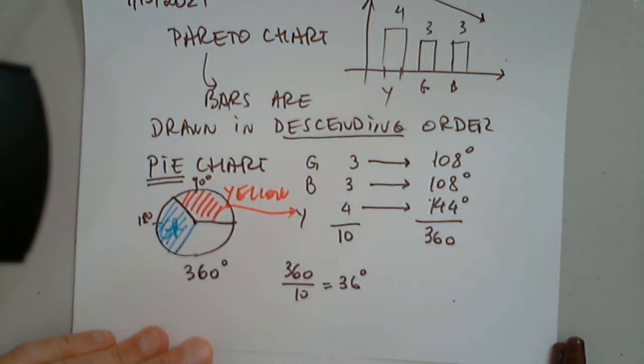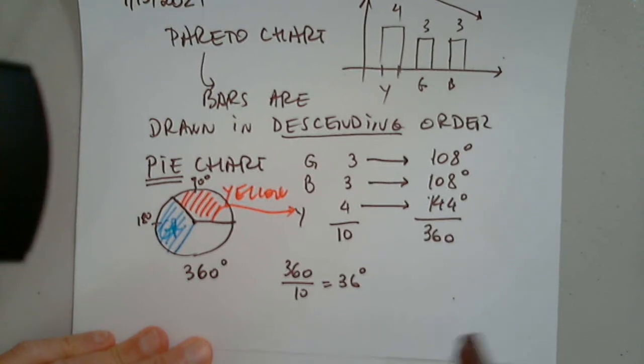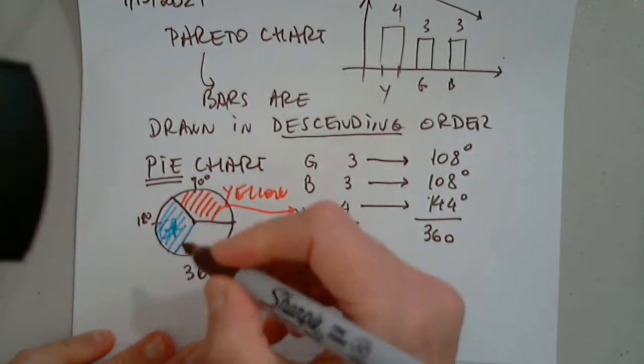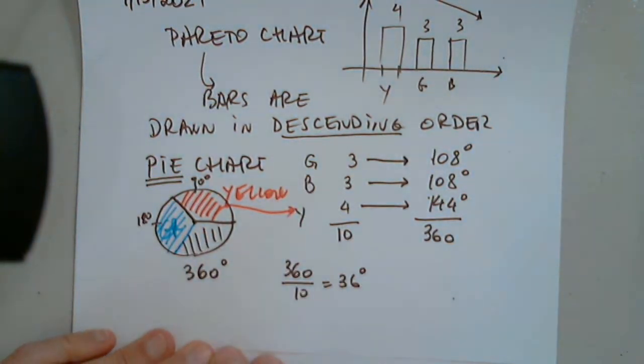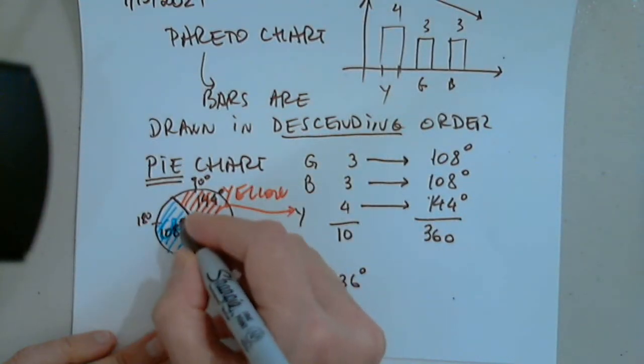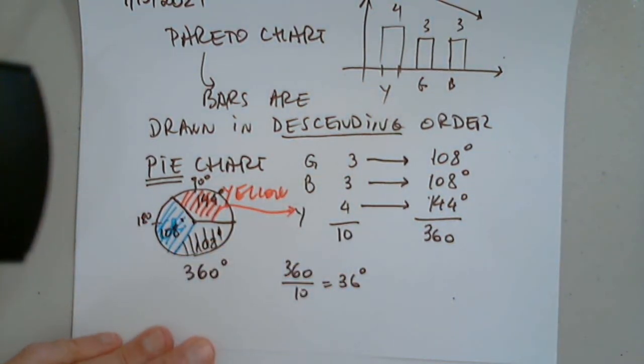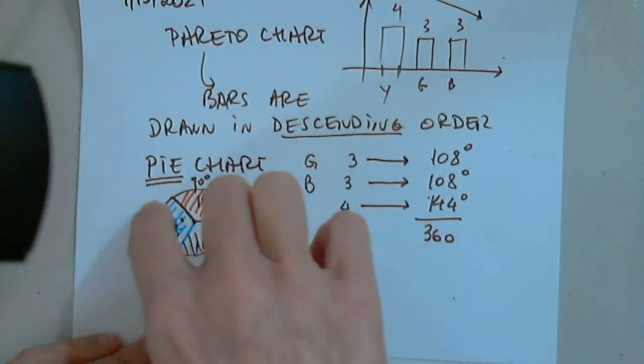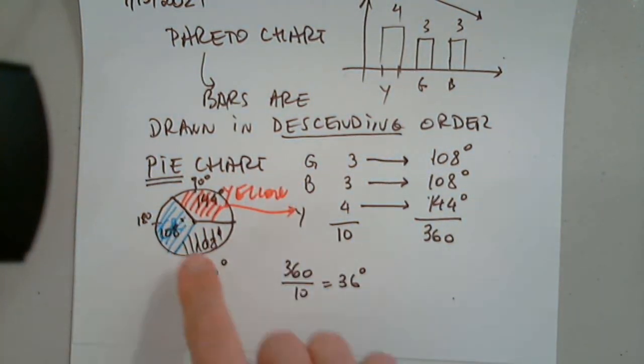Okay, that's my green. And the other one is my brown. So this is 144 degrees. This is 108. And this is 108 degrees. Or simply say 4, 3, 3. And this is a pie chart.